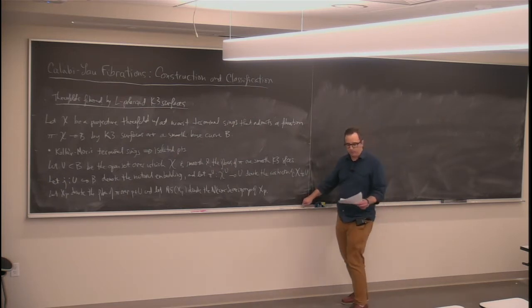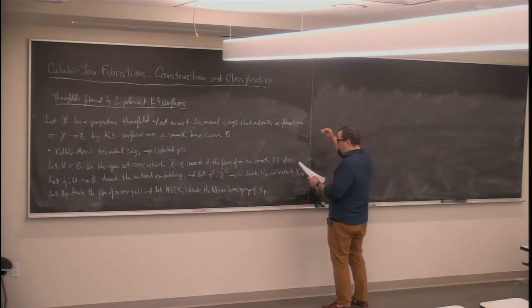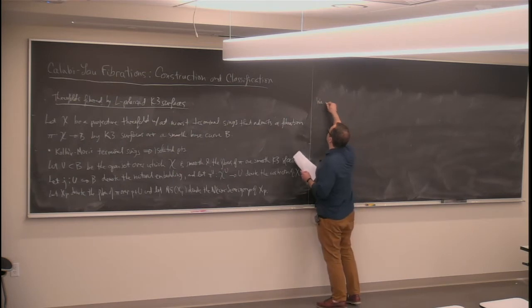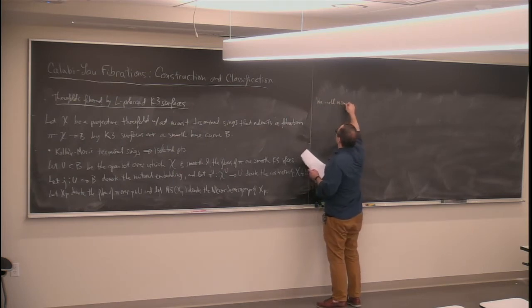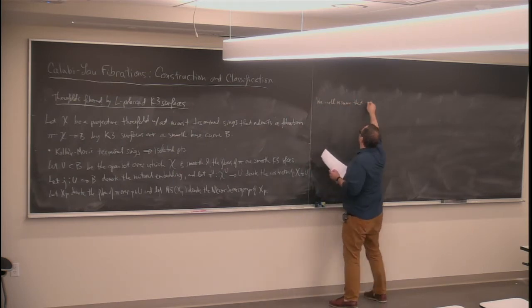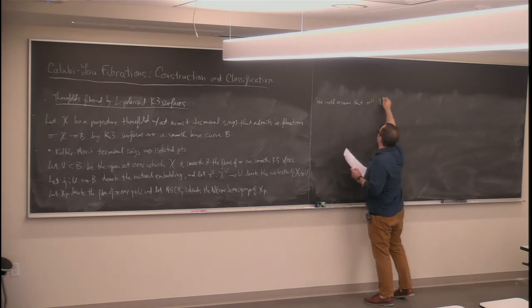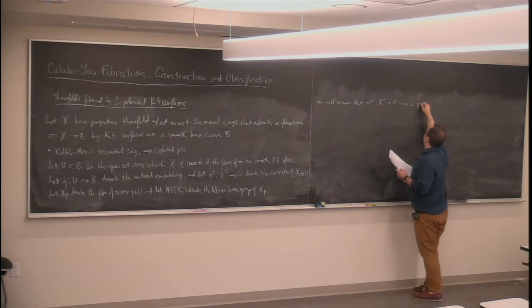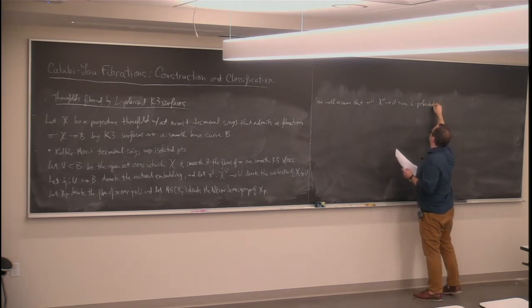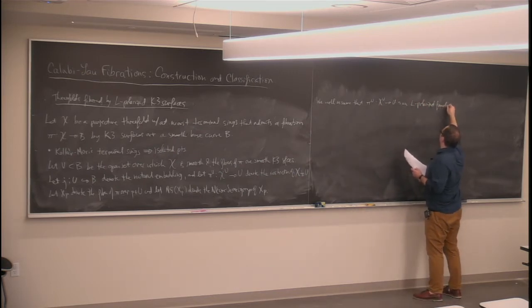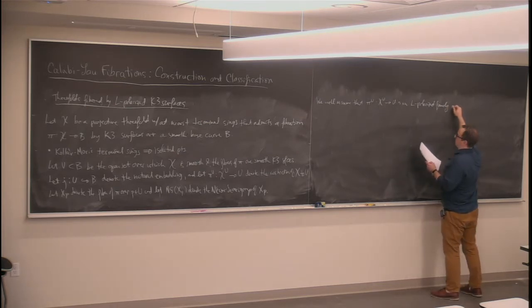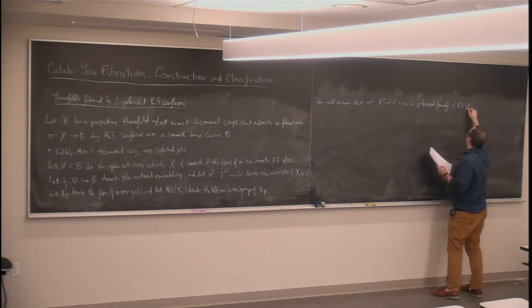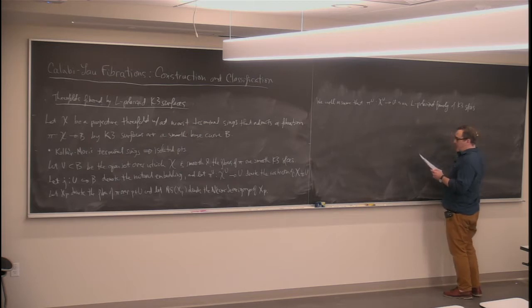Okay, it's a really important feature. So we will assume that pi upper U from X upper U is an L-polarized family of K3 surfaces, in a sense I'm about to define.